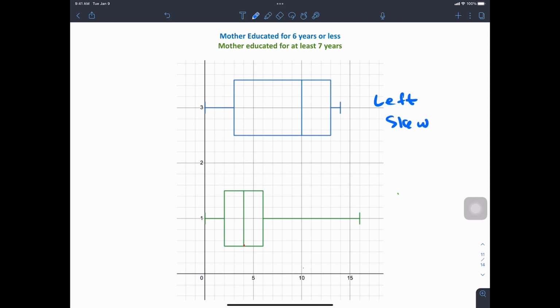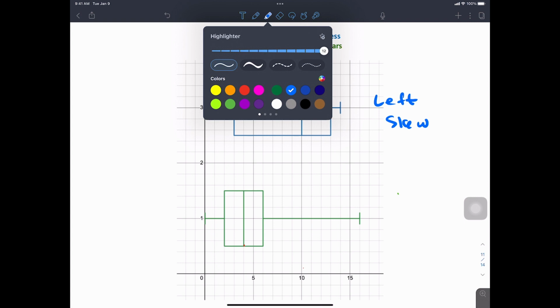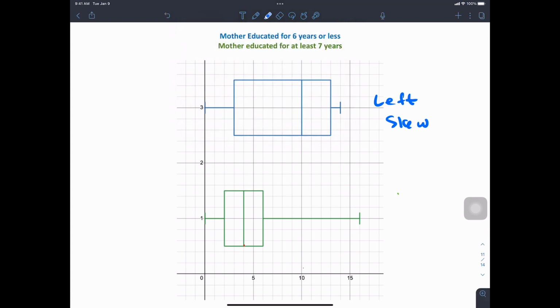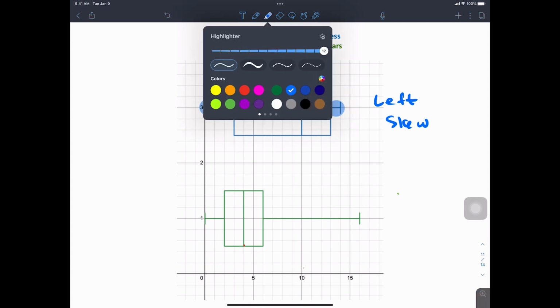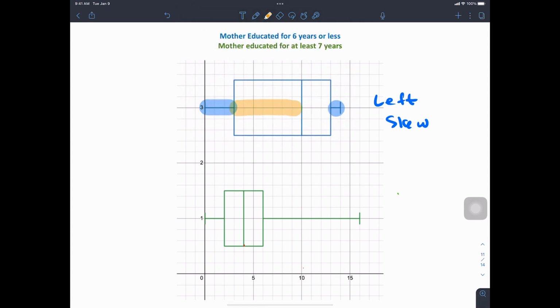Why is that left skew? This line seems to be bigger than this line. So for the whiskers, the left wins out. Within the box, the left also wins. So that's why I can say this is left skew.